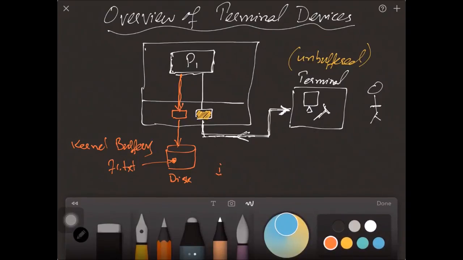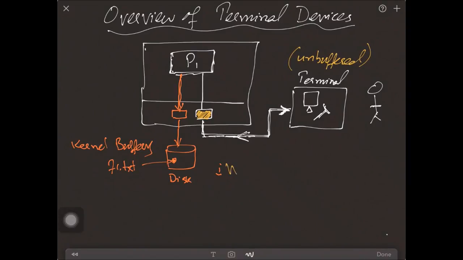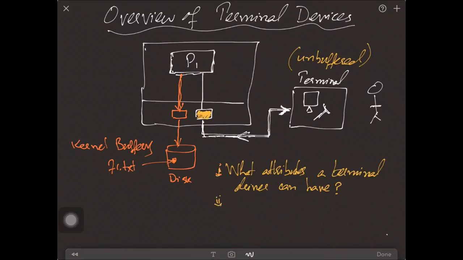And what we are going to do today is we are going to see what attributes a terminal or a terminal driver can have. Remember, gentlemen, in the previous session we talked about the code written inside the kernel that helps this process to read and write data on the terminal, which is known as the device driver for that terminal.